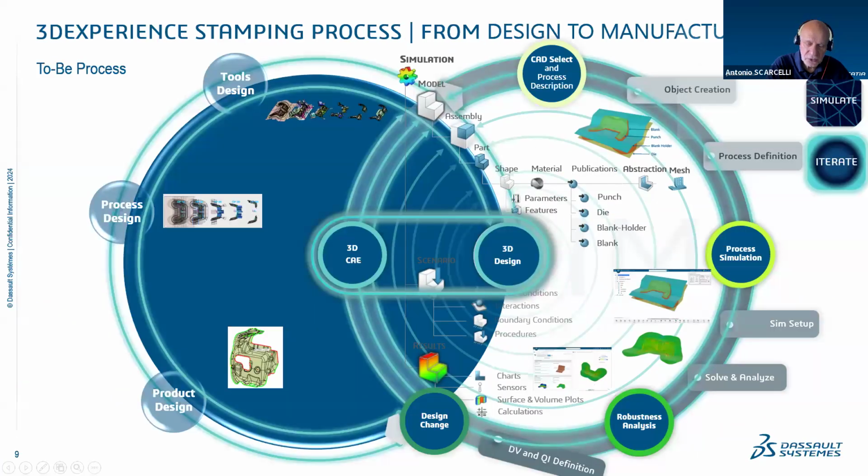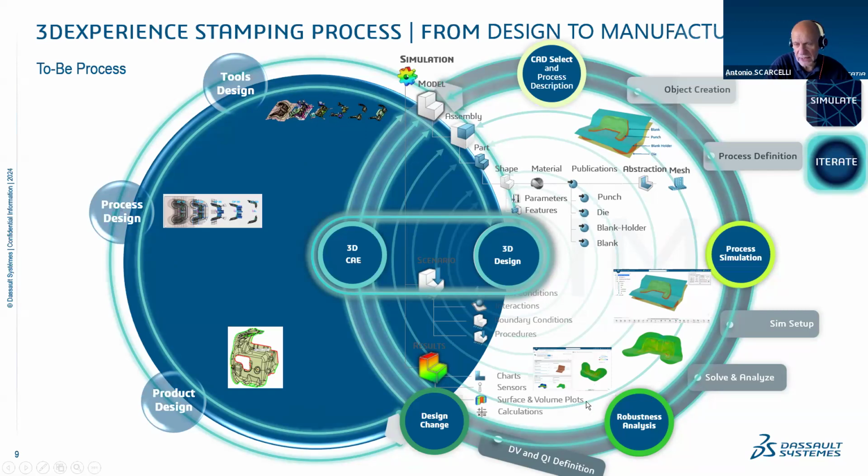What you remember, I said that we want to offer a global tool to design the process. So you see, you have the product design, the design of the process, the design of the tooling, and so on. But all of what you are doing in this area, that is the area of CATIA, you need to simulate it.